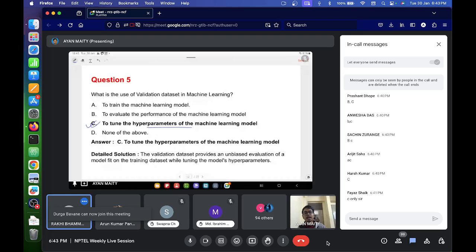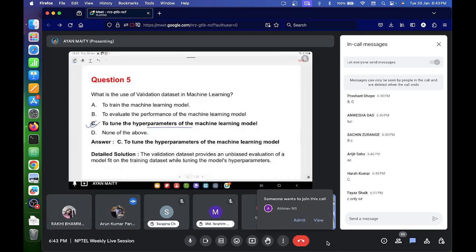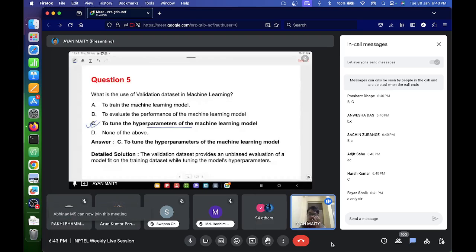No, different techniques for tuning hyperparameters are there, but to get an unbiased evaluation, the validation data points must not have been seen by the machine learning model at all. So it can give you a sense of how well it would perform on unseen datasets. Because that is very important.